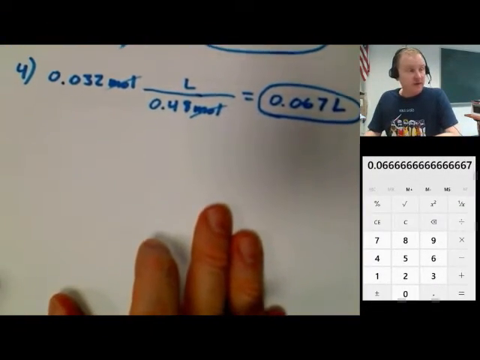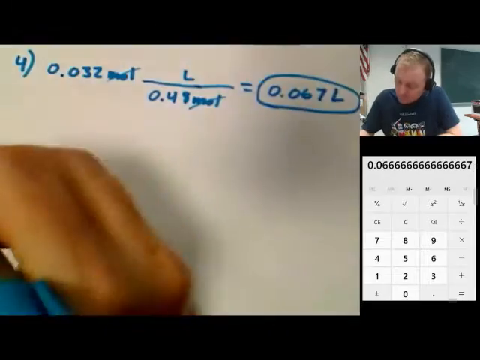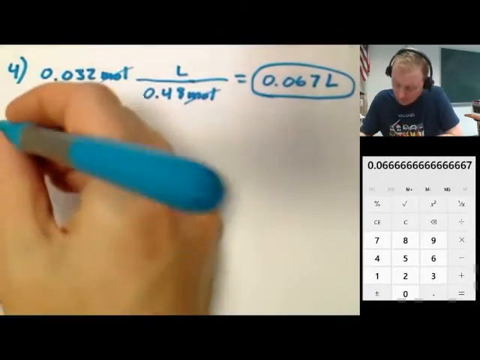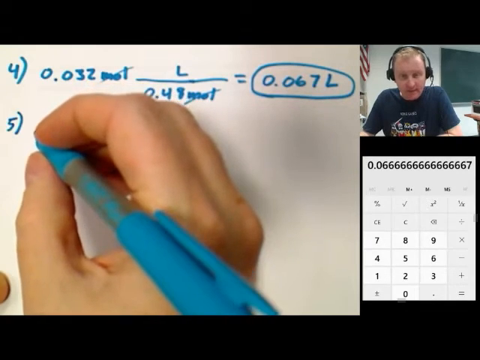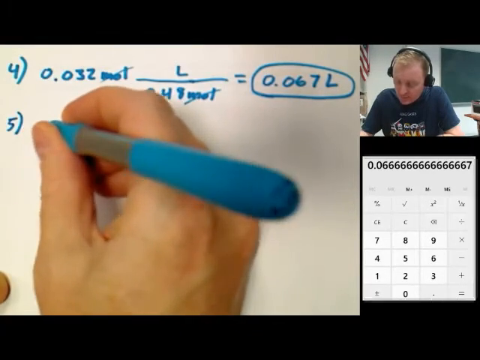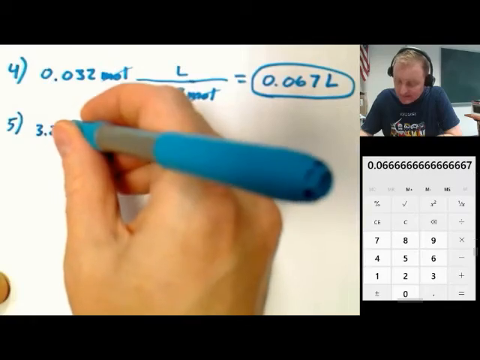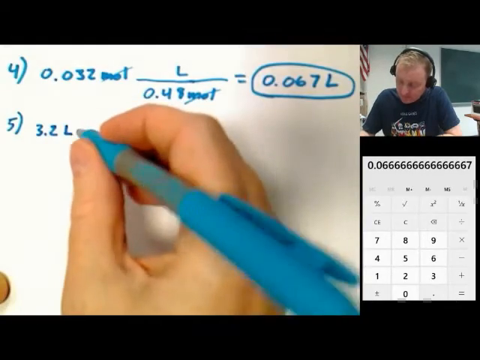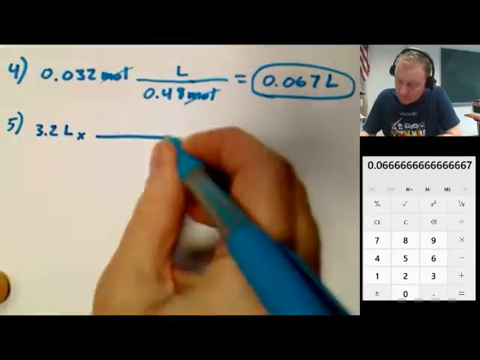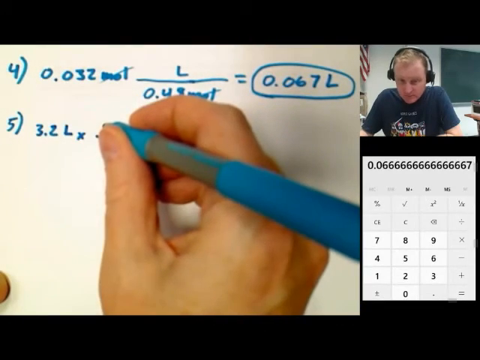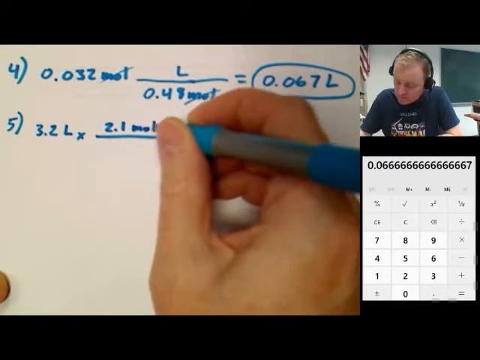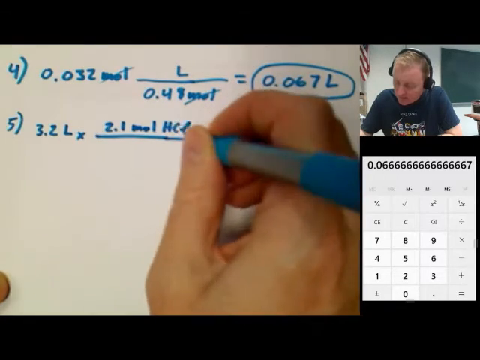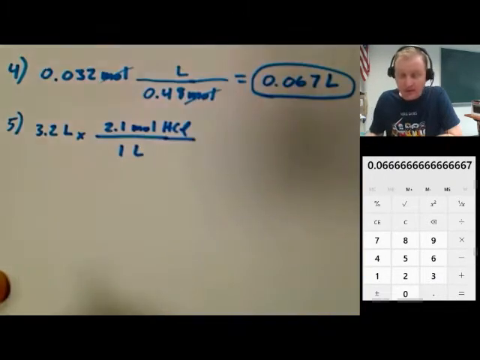So number 5, I have 3.2 liters, and we know that there are 2.1 moles of hydrogen chloride for every 1 liter of this.